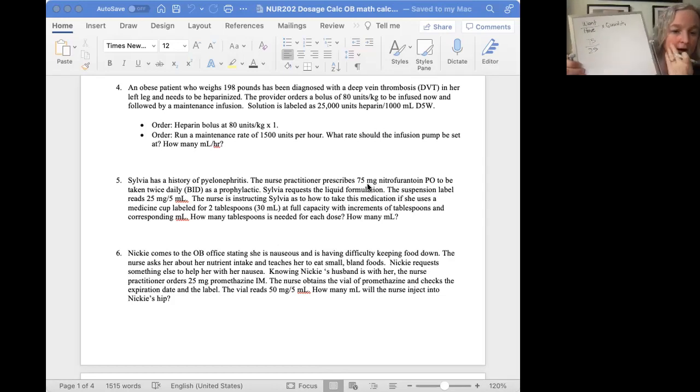And our quantity is in 5 mLs. Okay, so when we divide this 75 divided by 25, this equals 3. So this is 3 times 5 equals 15 milliliters.